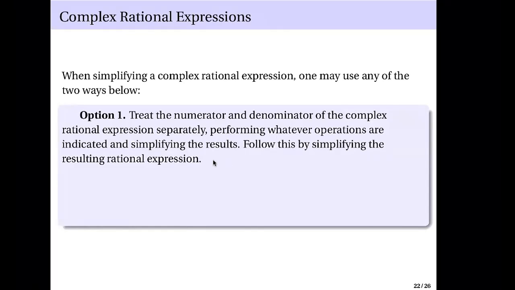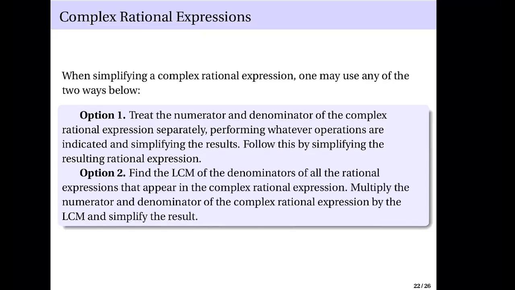Performing whatever operations are indicated and simplifying the results. Then we follow this by simplifying the resulting rational expressions. So you have a big numerator, simplify it. You have a big denominator, simplify it. And then now you have possibly a simpler rational expression compared to the original. Then you simplify that. That's your first option.